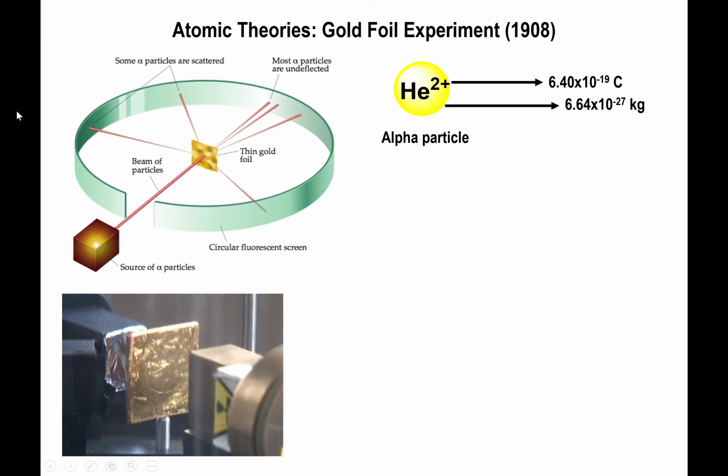But what ends up happening is that although you do see some deflections, a good amount of the ray goes right through undeflected, meaning that a good chunk of the positive particles, which have a massive charge, interact with nothing on their way through the gold foil.